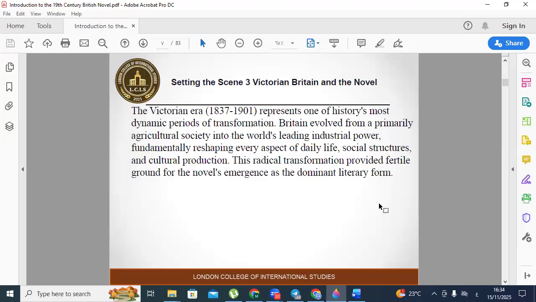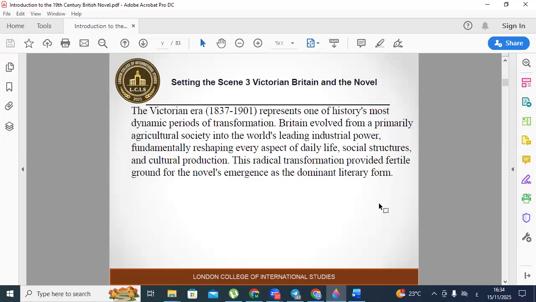It offered narratives of individual development in times of social flux. It provided social critique while entertaining. It created imaginative spaces where readers could explore questions and anxieties they faced in their own lives.